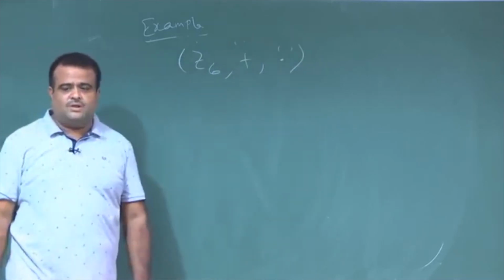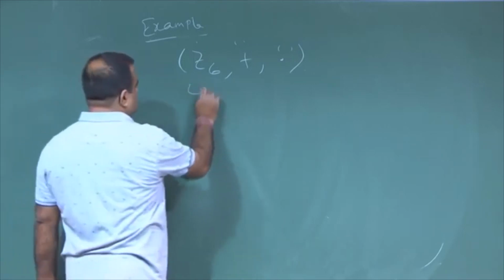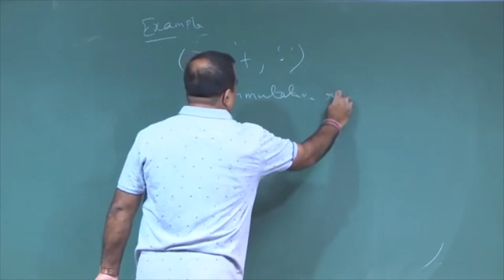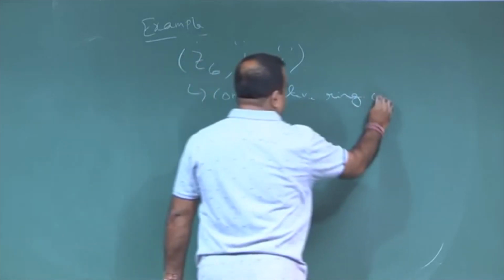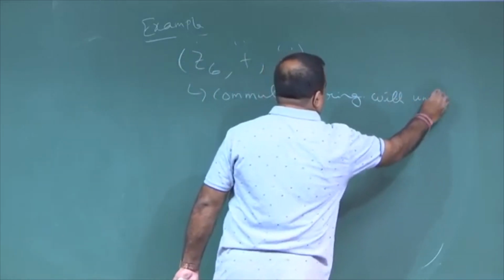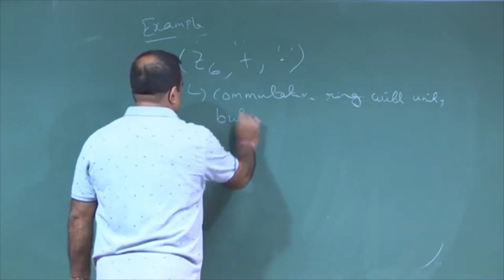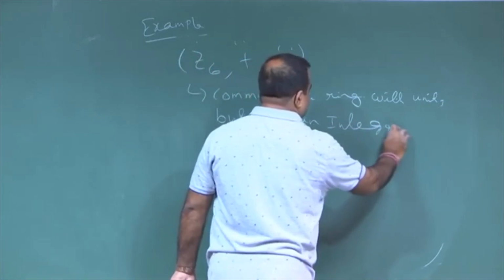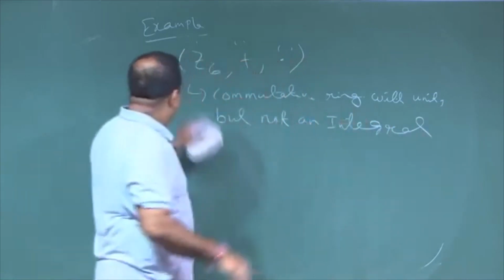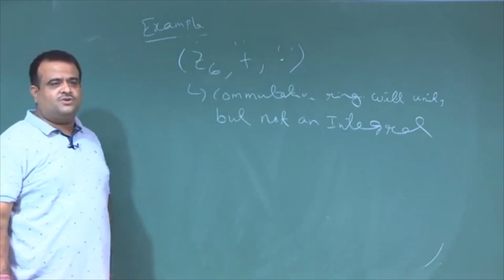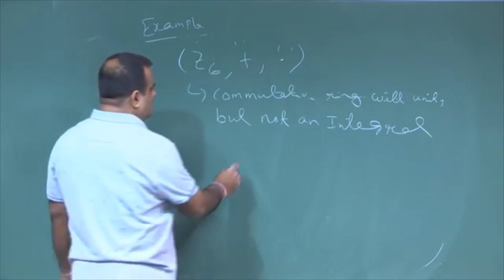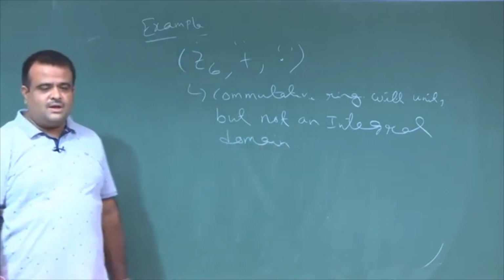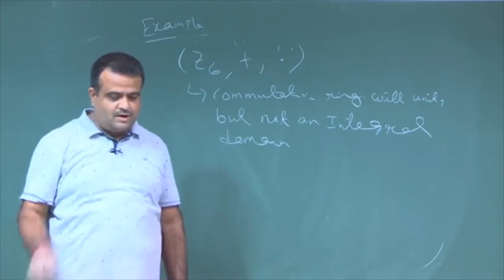This is not an integral domain, although this is a commutative ring with unity, but not an integral domain, because it has 0 divisors. 3 is a 0 divisor, 4 is a 0 divisor, 2 is a 0 divisor, so not an integral domain. This is an example which is a commutative ring with identity, but not an integral domain.